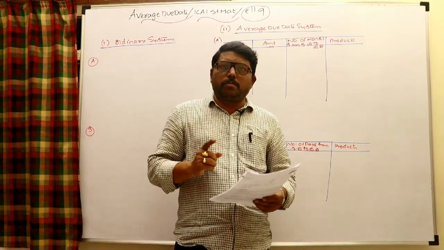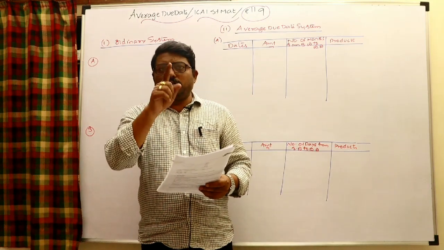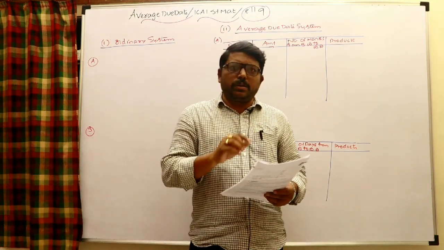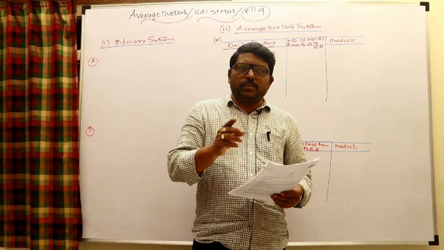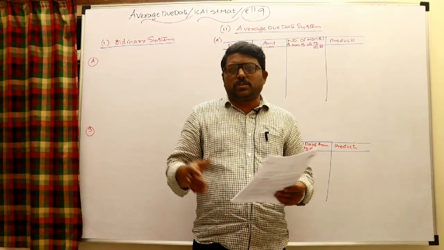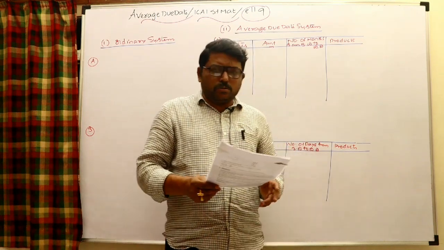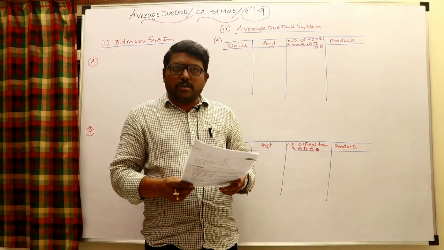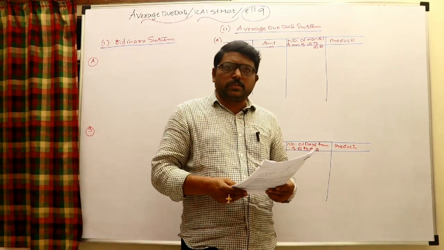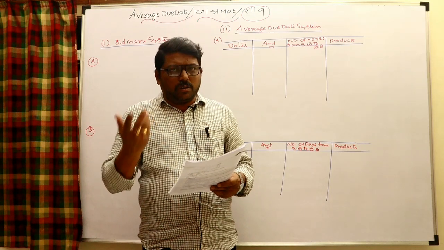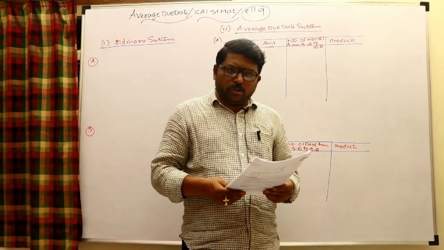If you multiply with the number of days, divide by 365; if you multiply with the number of months, divide by 12, into rate by 100. That's all. That is a simple way to calculate interest on partners' drawings when different amounts are withdrawn on different dates. But the same can be worked out by the average due date method also.